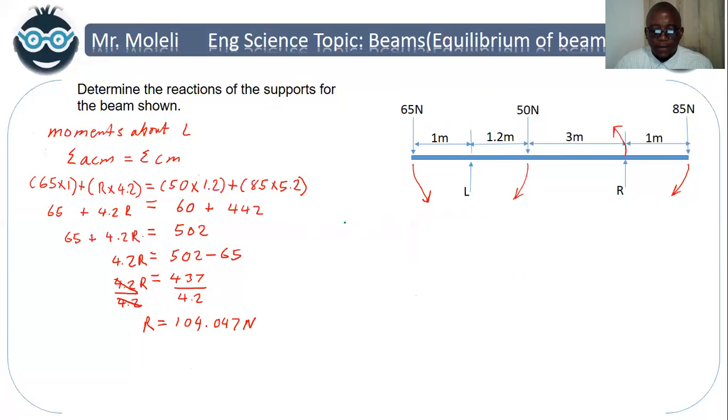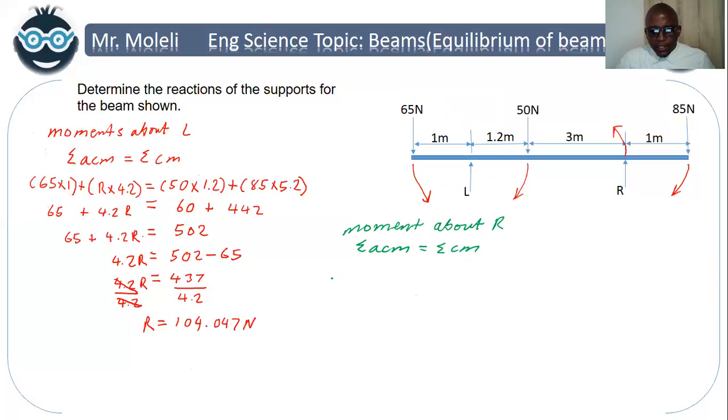Moments about R. Sum of anti-clockwise moments equals sum of clockwise moments.